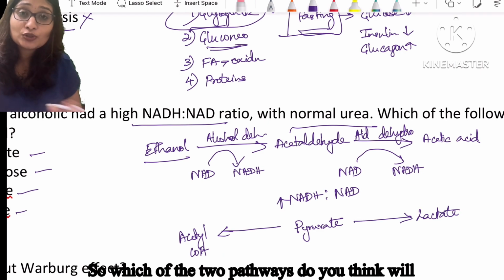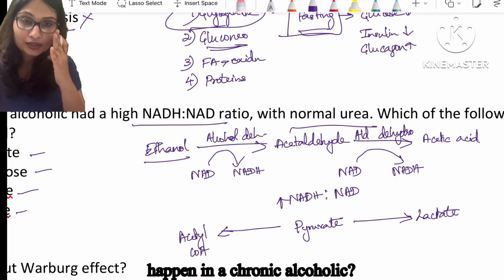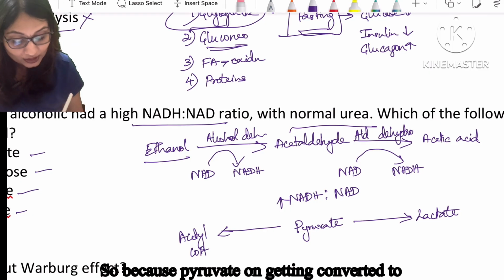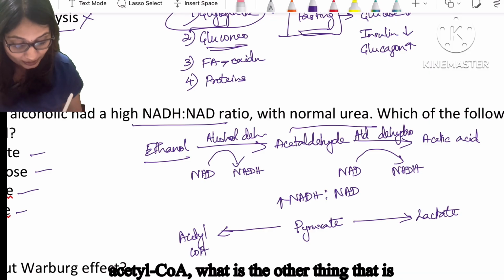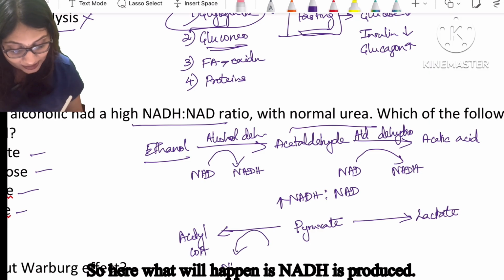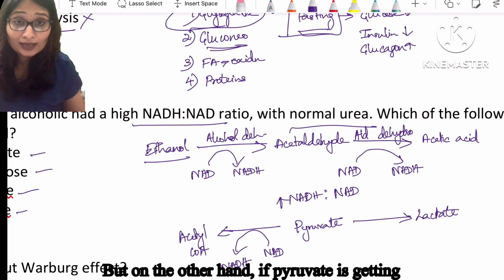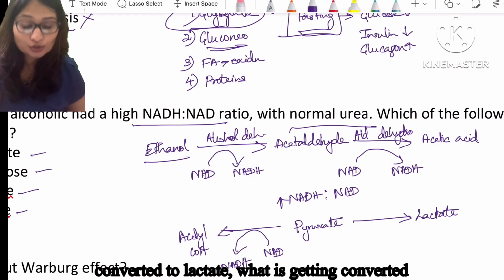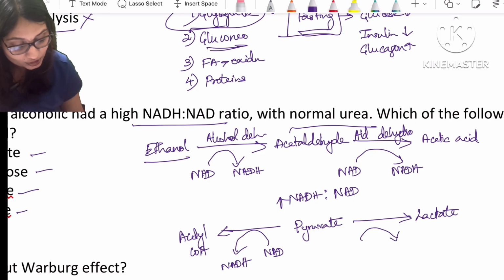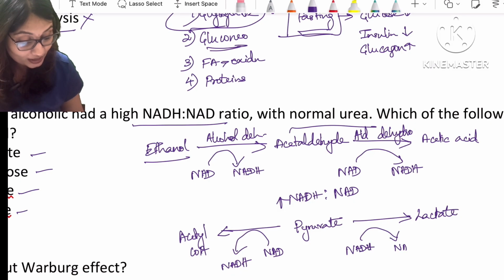Which of the two pathways do you think will happen in a chronic alcoholic? When pyruvate gets converted to acetyl-CoA, NAD to NADH happens. But on the other hand, if pyruvate is getting converted to lactate, it is NADH which gets converted to NAD.